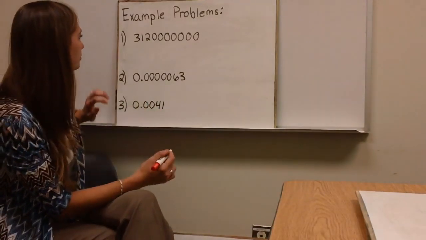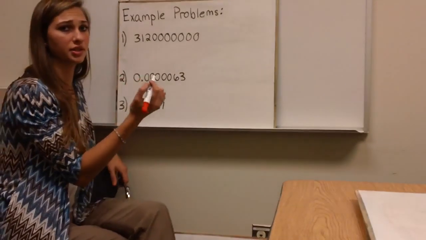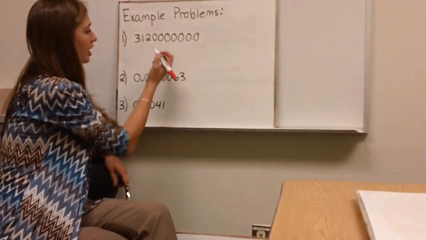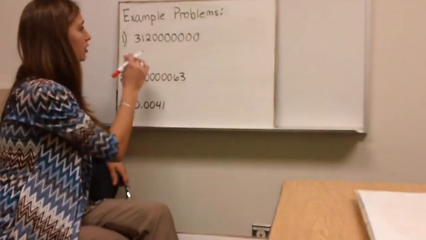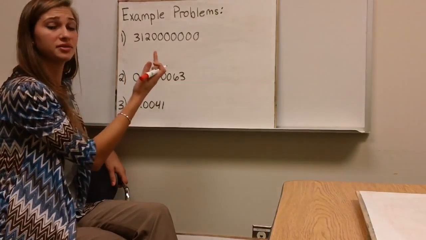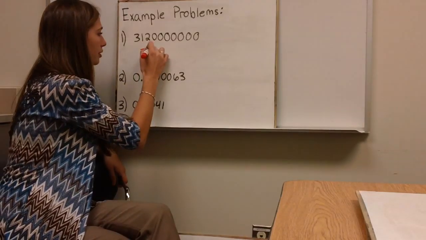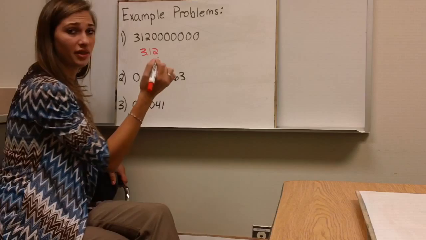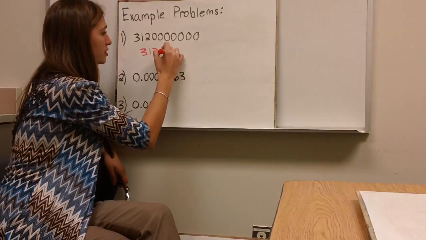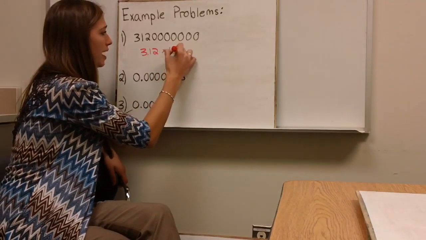So for number one, what we first need to do is write out our coefficient. Our coefficient here is just going to be the non-zero numbers, so it's 3.12, and then as we said before, you have to multiply it by 10 raised to a power.